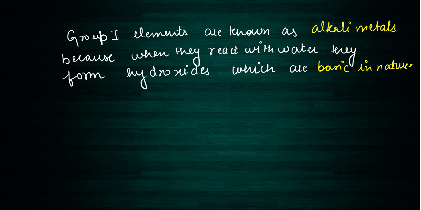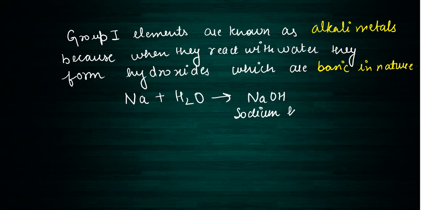What we mean by this statement is that, let us suppose I take sodium only and I react it with H2O, I get sodium hydroxide. And this sodium hydroxide compound so formed is basic in nature because all the hydroxides are basic.